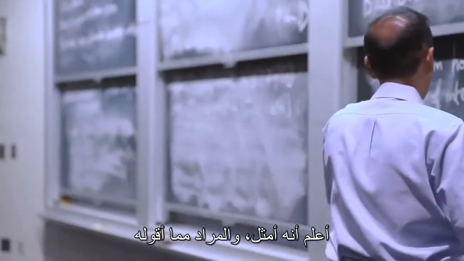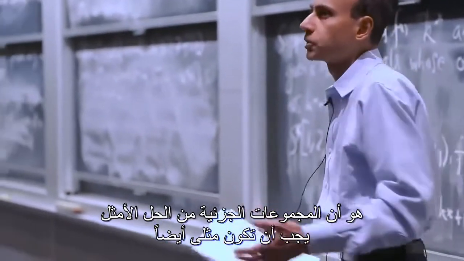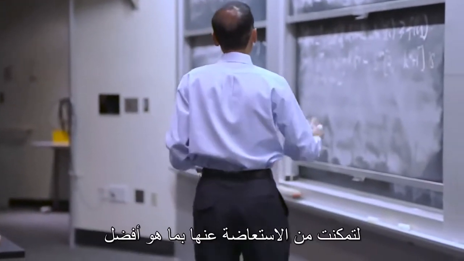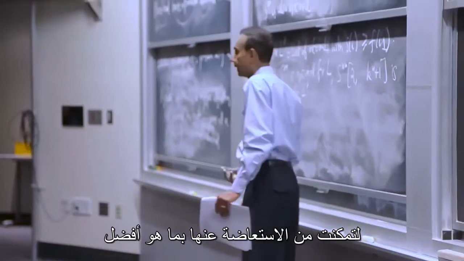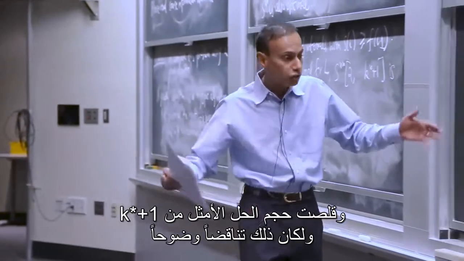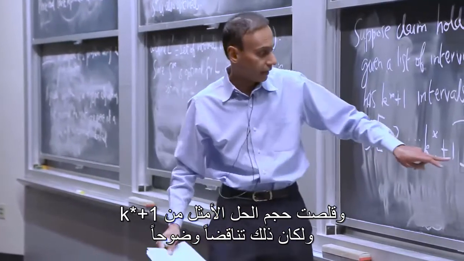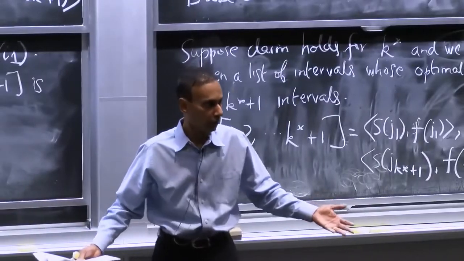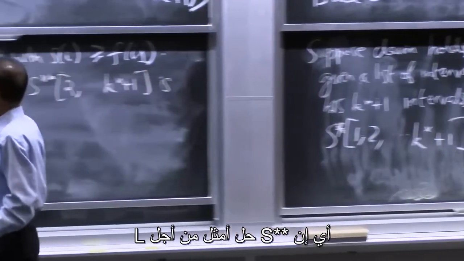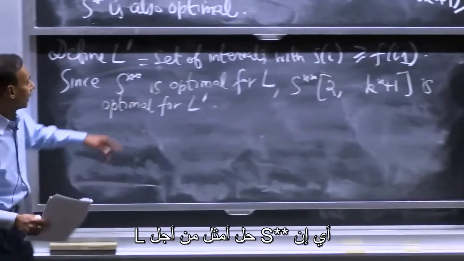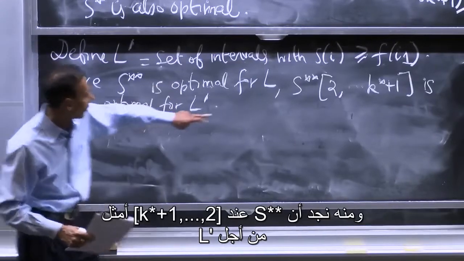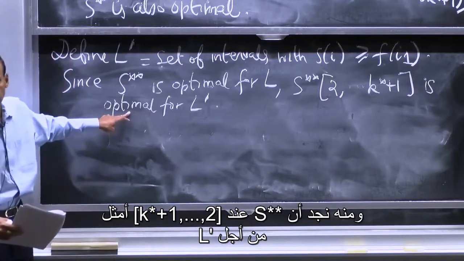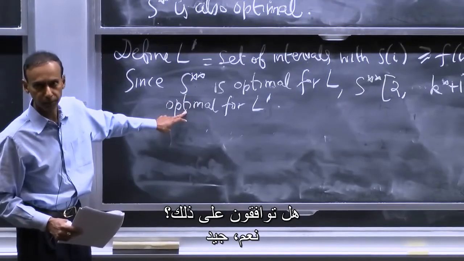And basically what I'm saying is subsets of the optimal solution are going to have to be optimal, because if that's not the case, I could always substitute something better and shrink the size of the k star plus 1 optimal solution, which obviously would be a contradiction. Okay? So S double star is optimal for L, and therefore S double star 2 through k star plus 1 is optimal for L prime. Right? Everybody buy that? Yep. Good.